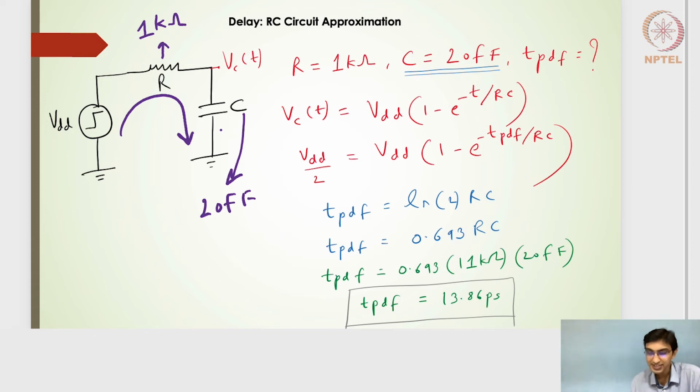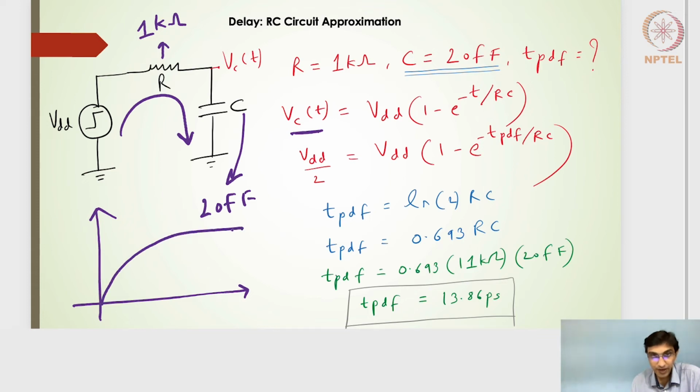Right. So for the charging case, the capacitor charging profile is VDD into (1 minus e raised to minus t by RC). Let me draw the profile. This is the exponential profile, and this is the time constant tau, where the capacitor voltage reaches 63% of VDD, the maximum value. The input voltage applied is VDD.